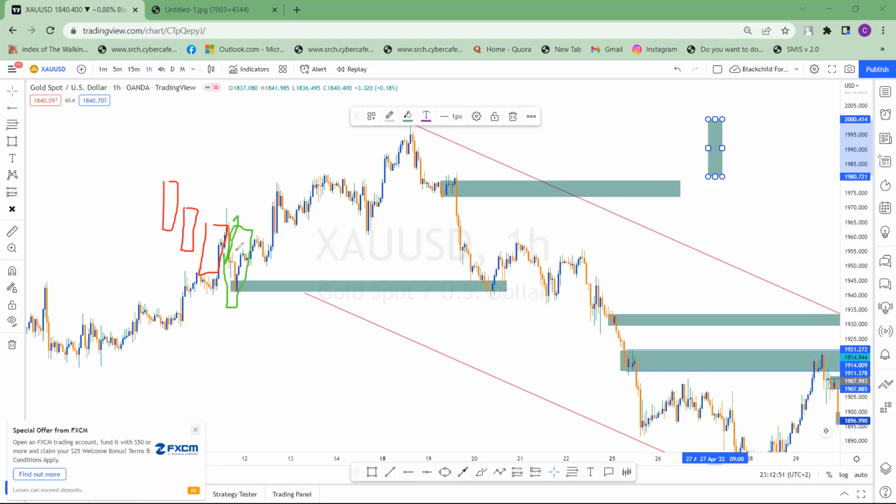Like it'll be like this, and then there'll be another bearish candle, another bearish candle. So the last candle, if it's bearish, the last candle that's green, that is your order block. Just identify this area as your order block.